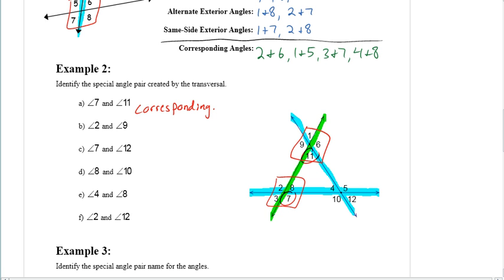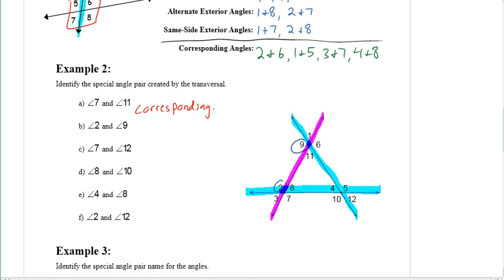If we look at angle 2 and 9, so I'm going to go back and erase everything. So we look at angle 2 and angle, where's 9 at? Right here. Okay, so again, this is my line, this is my line, and this is my transversal.